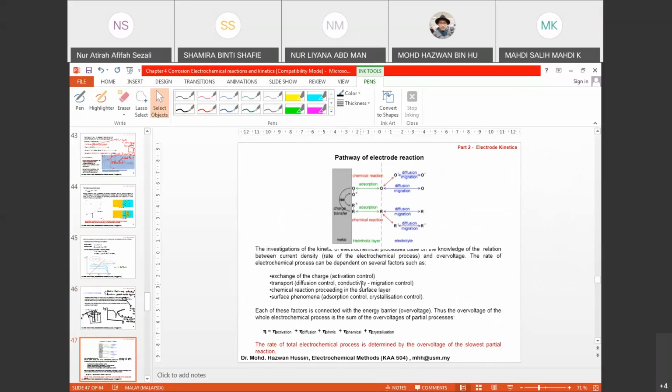Okay. So the pathway of electrode reaction, we have seen this.